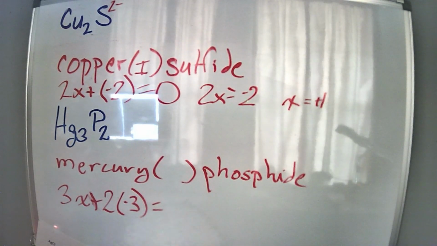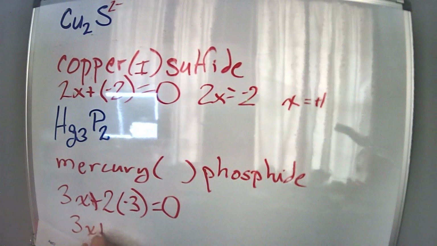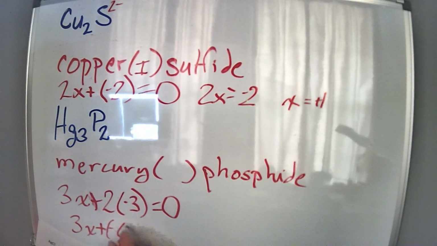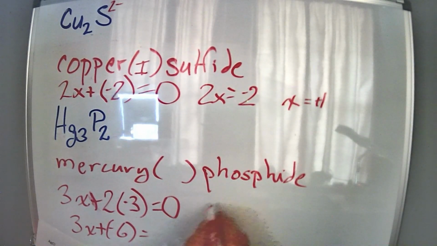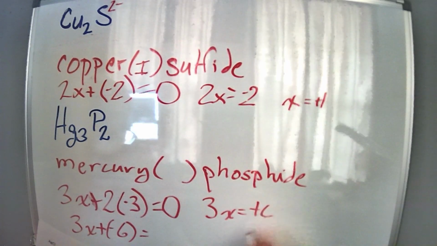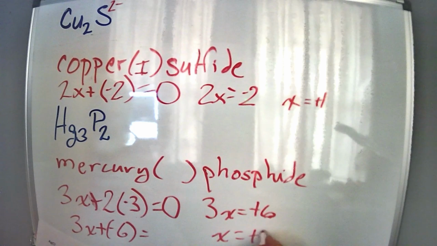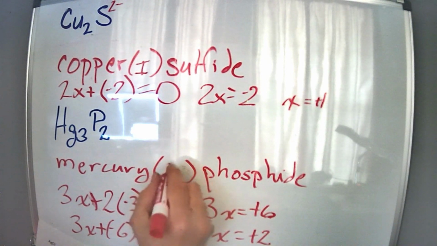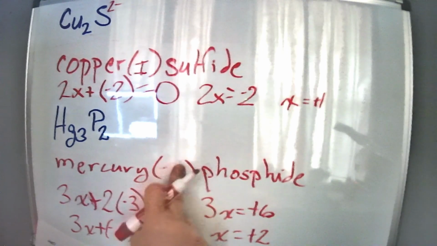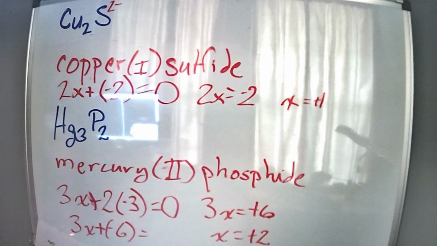And when we add up all the charges, it has to equal 0. So we have 3x plus -6 equals 0. 3x equals +6. So that means that x equals a +2. So this is mercury 2. Whoops, I'm sorry. Roman numerals, Dufresne. This is mercury 2 phosphide.